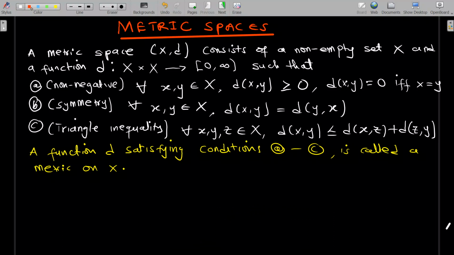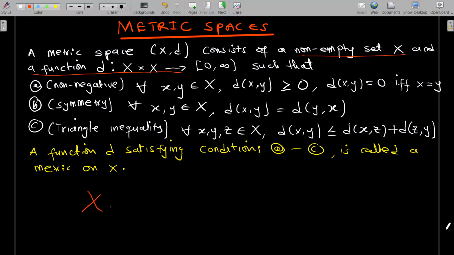So now let's come back to our screen here and discuss the mathematical definition of a metric space. A metric space (X, d) consists of a non-empty set X, and this should be important, and a function d from X cross X to the non-negative numbers.